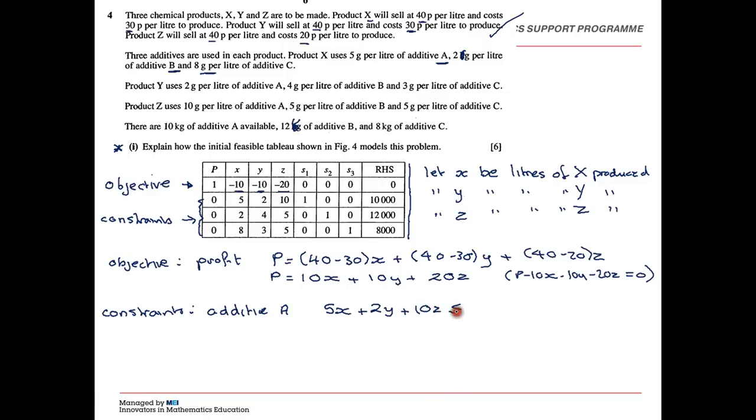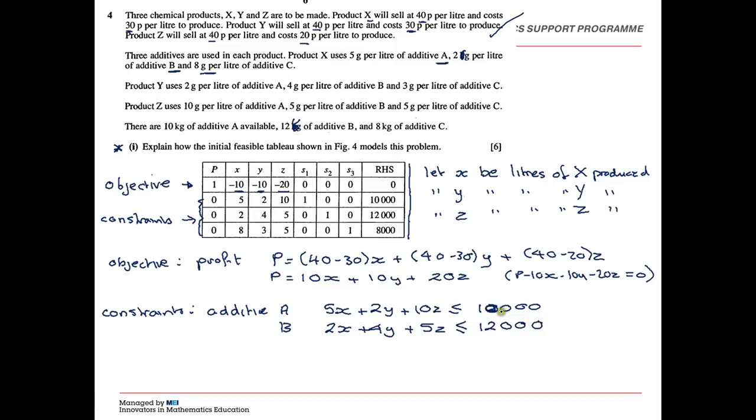And that can't exceed the amount of additive A available, which was 12 kilograms. So that has to be less than 12,000 grams, and be careful to keep your units the same. Then for additive B, X uses 2 grams, Y uses 4 grams, and Z uses 5 grams, and that can't exceed, sorry, A should have been 10 and this should be 12 kilograms.